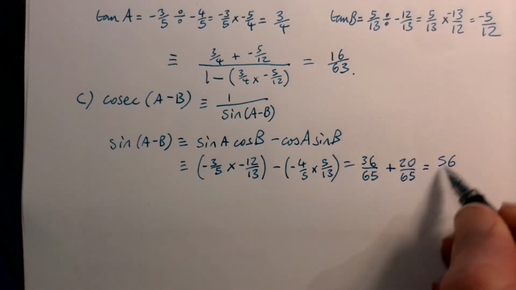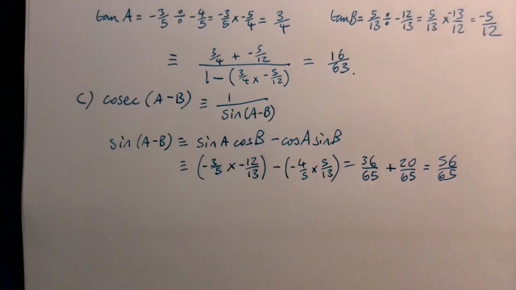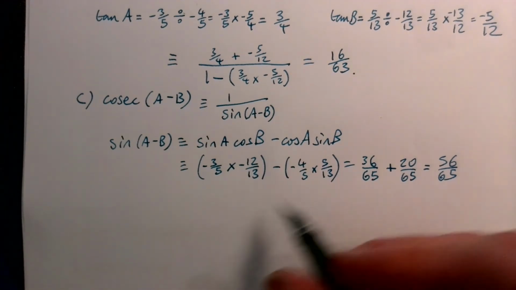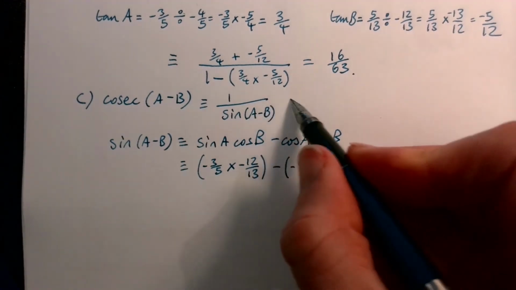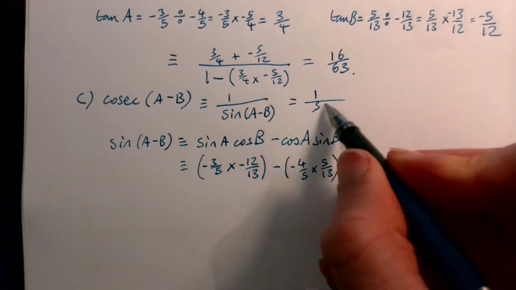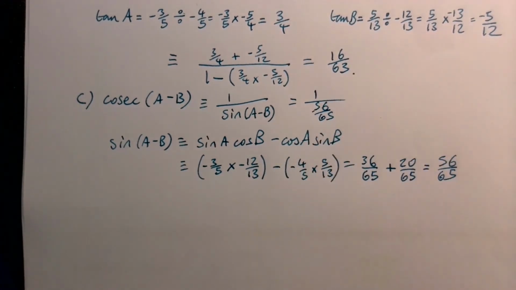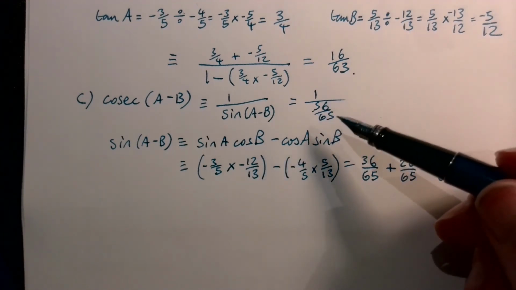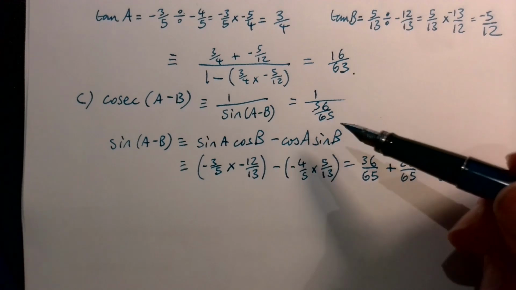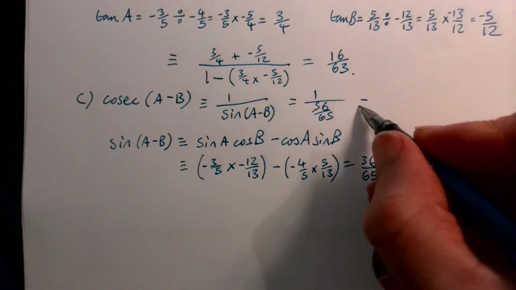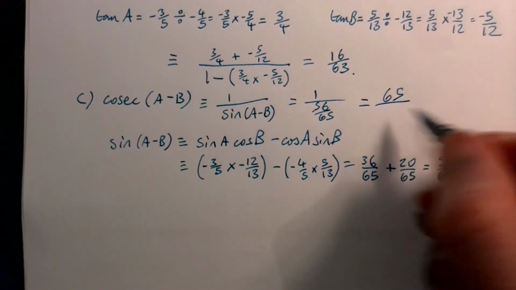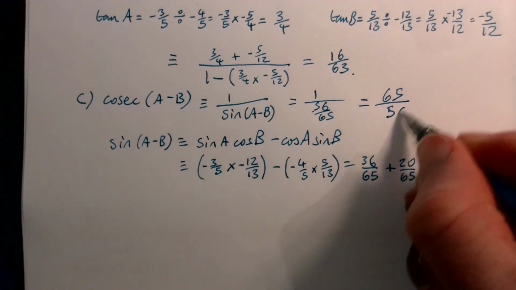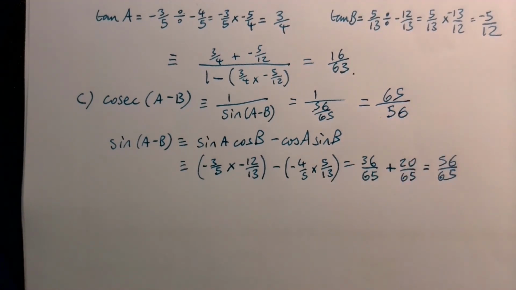So that's giving us 56/65 as sine A minus B. Now 1 over that is the reciprocal, which means that 1 over 56 over 65 is the same thing as saying 1 divided by 56 over 65, which is the same as saying 1 times 65 over 56. So it just ends up being 65 over 56. Just flip it over, the reciprocal.